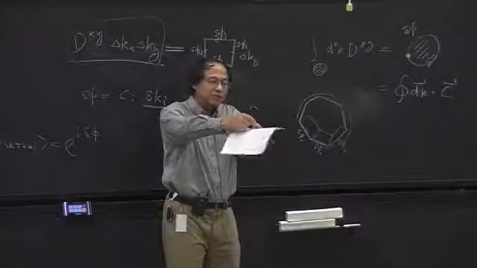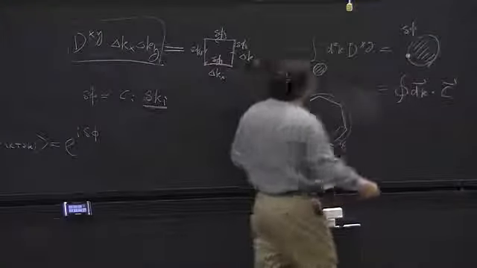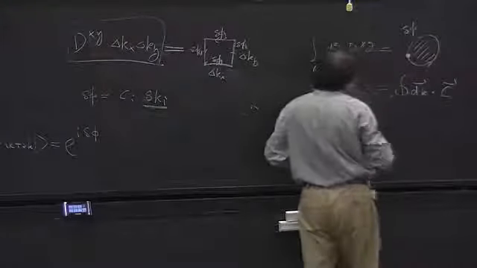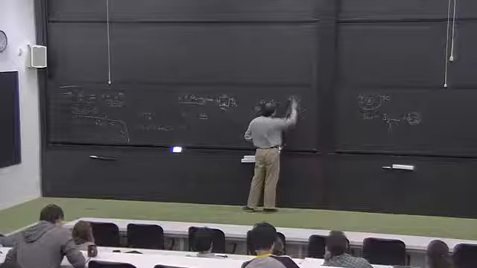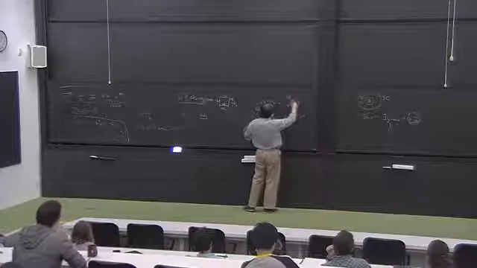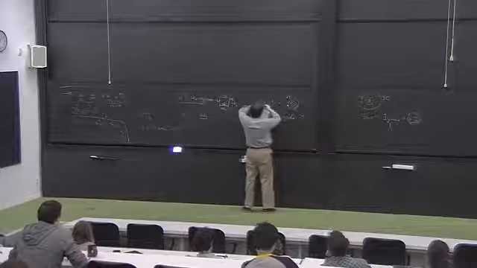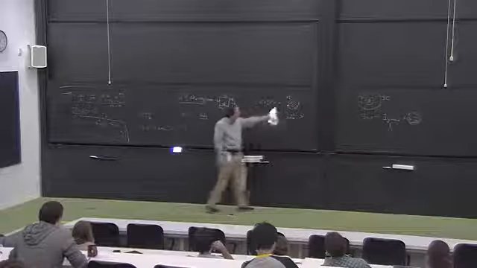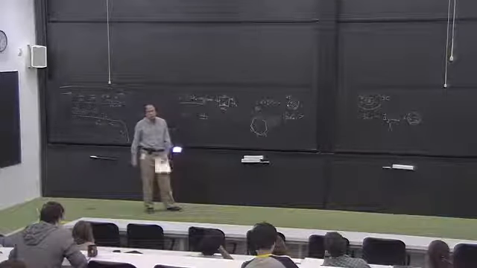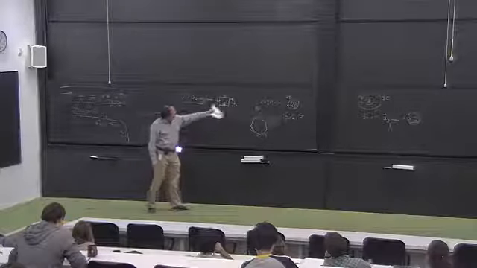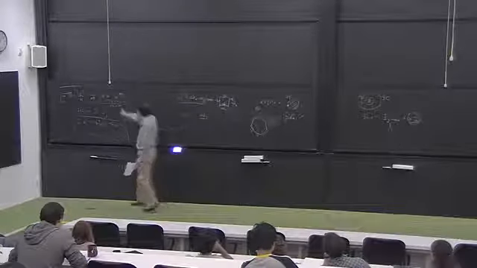If you integrate this vector field around the loop, you get the total accumulated phase difference. And this loop integral along the edge can be expressed as a surface integral on the disk. And these two are the same. And using this result, I can show that this one is quantized.